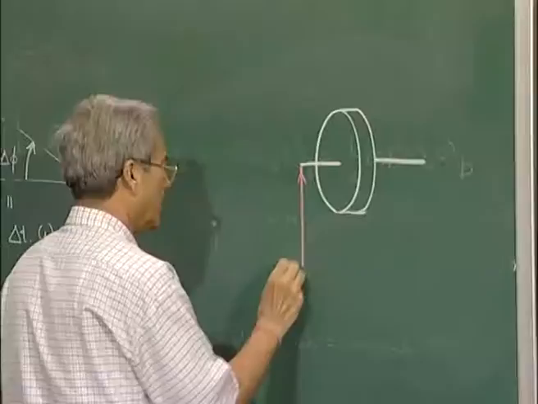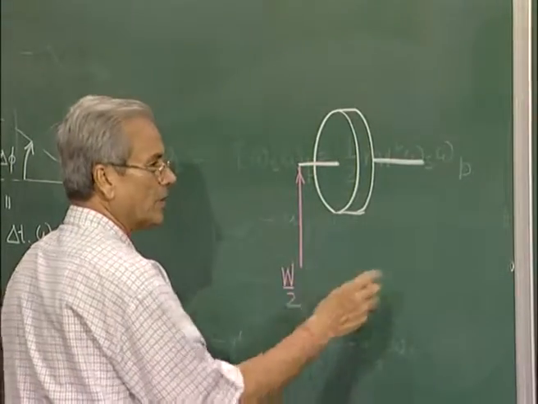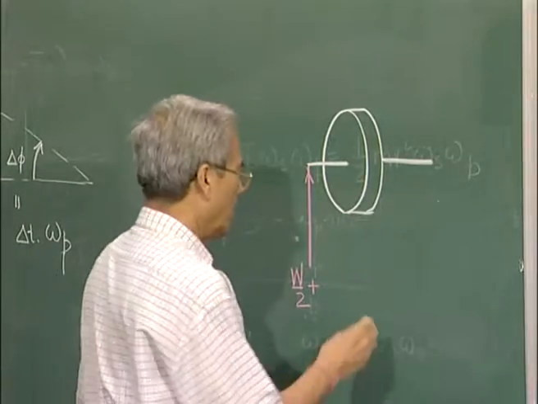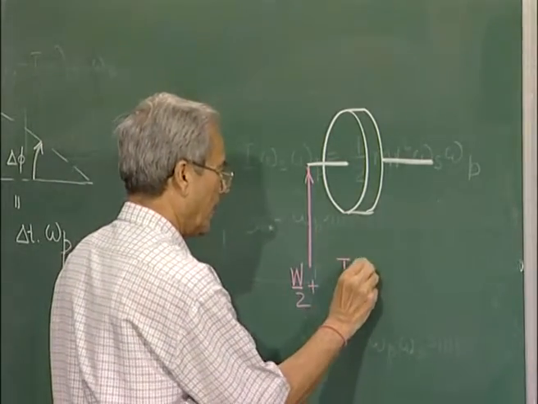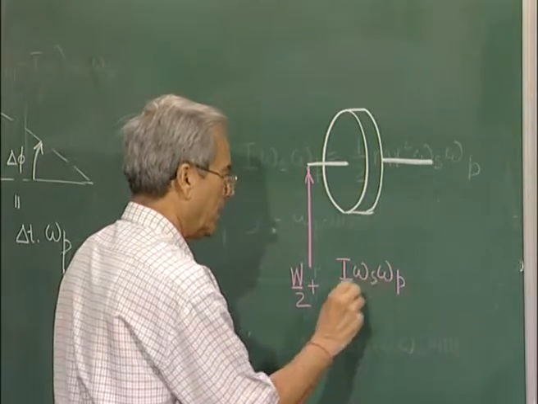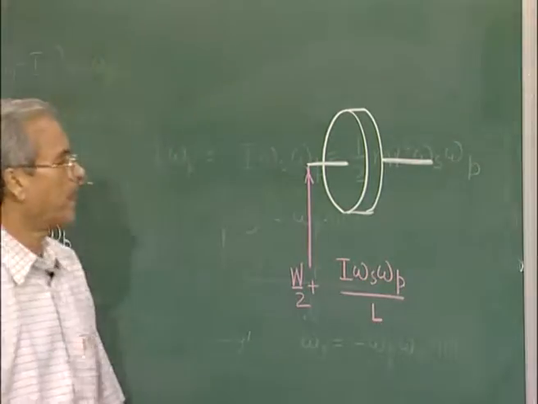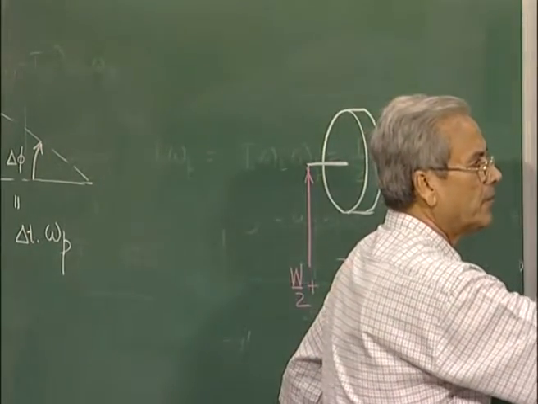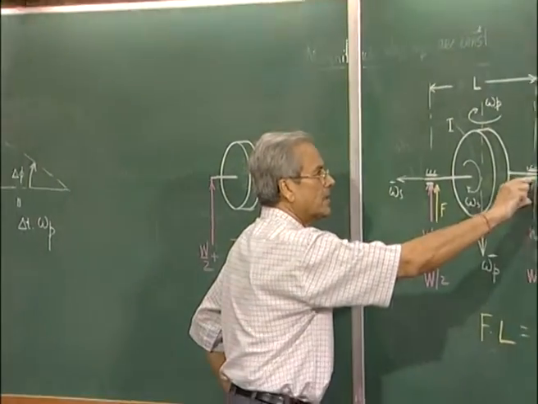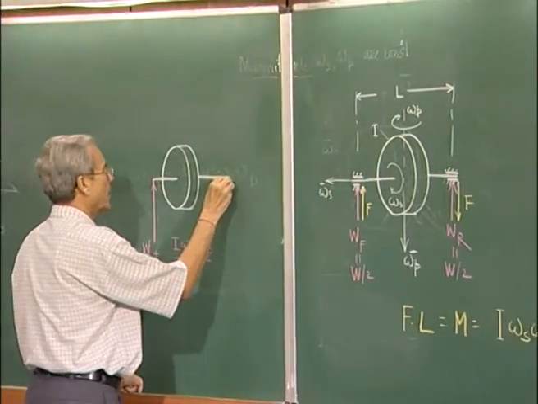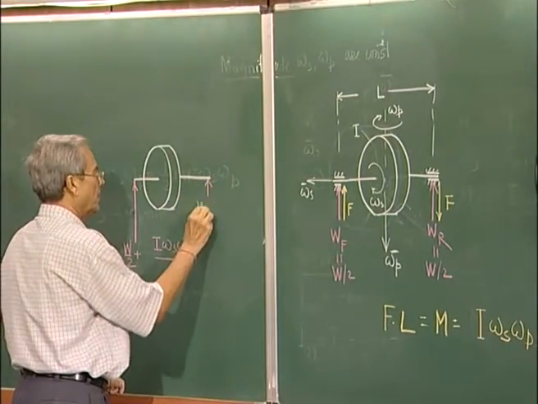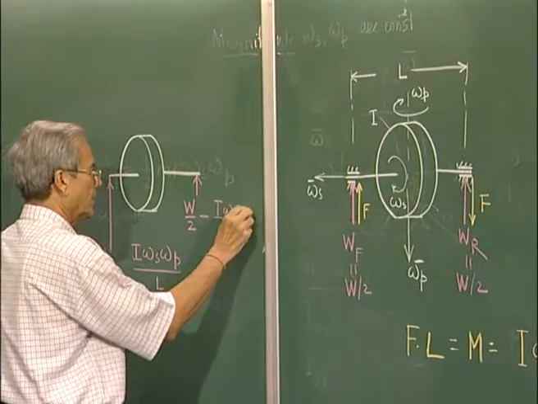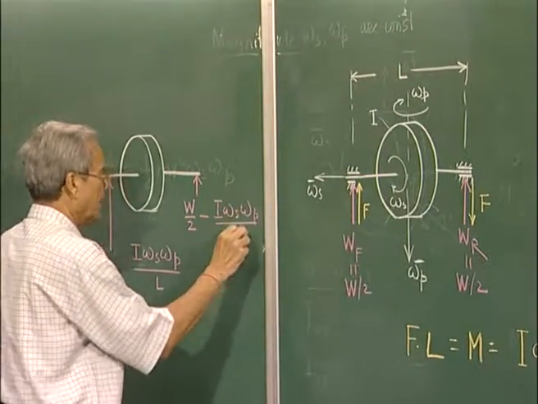Here it is going to be W by 2 if it is symmetrically placed, plus F. F is equal to I omega s omega p by L, and here you can see that this force is going to cause a reduction. So the resultant force here will be W by 2 minus I omega s omega p by L.